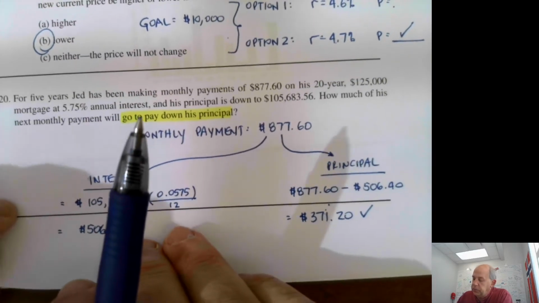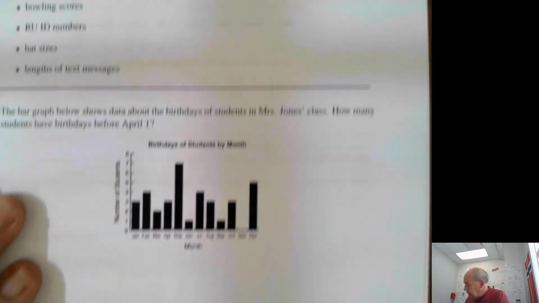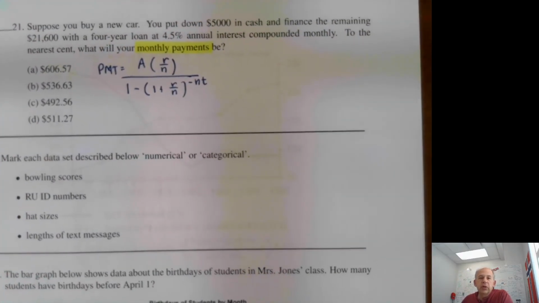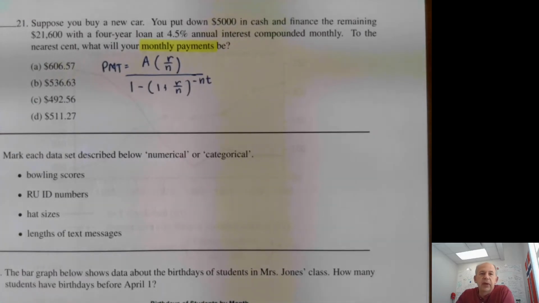So the last problem for this video is problem 21. And problem 21 is all about calculating your monthly payment under a certain situation, $5,000 that you borrowed under these given conditions. So how much will your monthly payment be to pay off this loan?